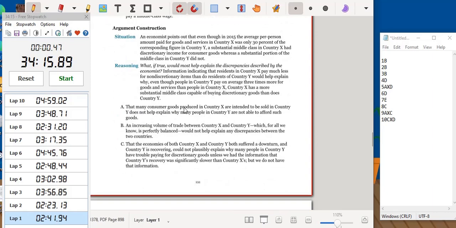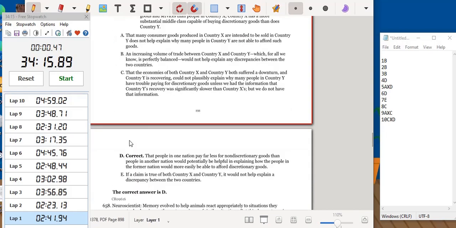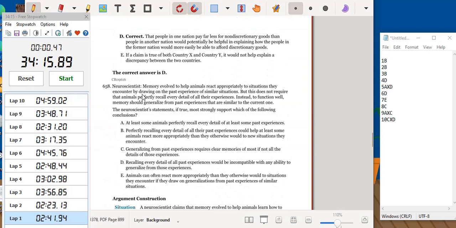That many consumer goods produced in country X are intended to be sold in country Y does not help explain why many people in country Y are not able to afford such goods. That is quite sensible. Number 7, that is 658. This was quite easy.